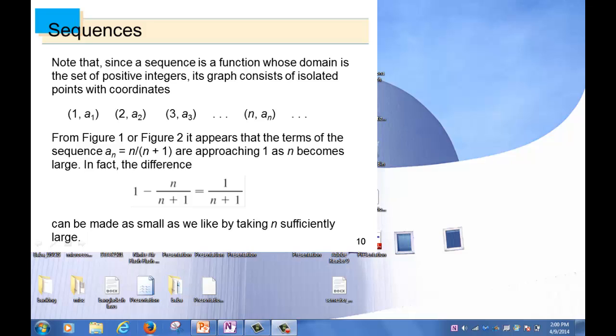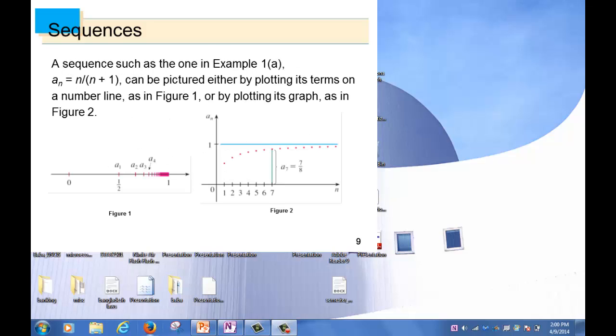Now, from my graph, was it clear? Let me go back to that again. From these two graphs, would you doubt that the terms of the sequence are always smaller than 1? Which is also clear from the definition, right? N over n plus 1, denominator bigger than numerator, so it's always smaller than 1.